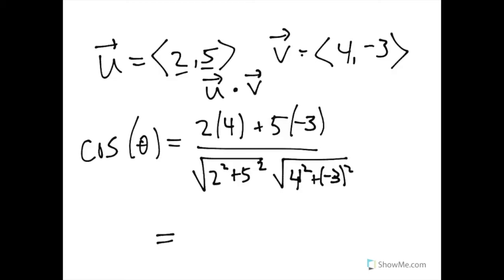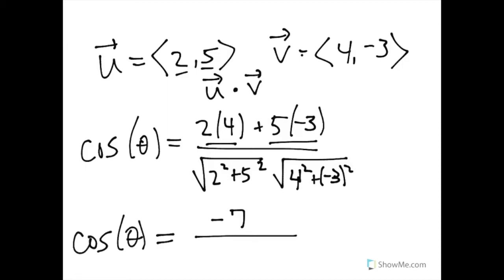So on the top, we have 8 minus 15, so we actually get a negative 7 on the top. You might ask, is it okay to get a negative? It is. Think about what we're going to do next at the end. We're probably going to take an inverse cosine. And remember, what does it mean when you have the inverse cosine of a negative number? This is why we have to remember the idea of which quadrant you're in.